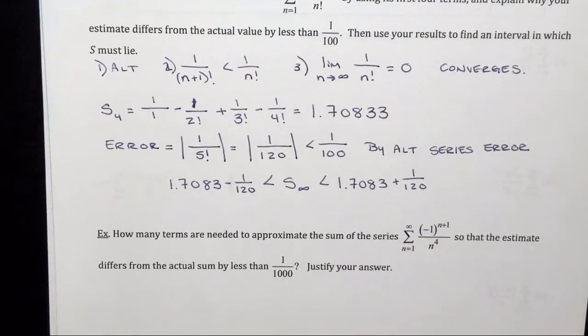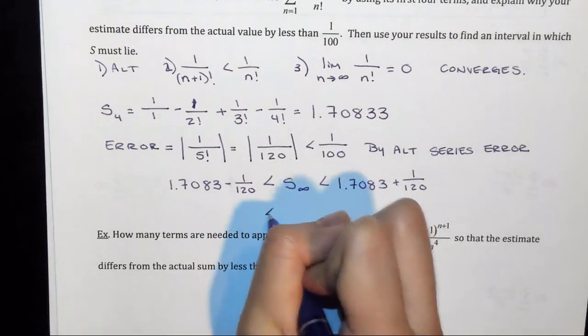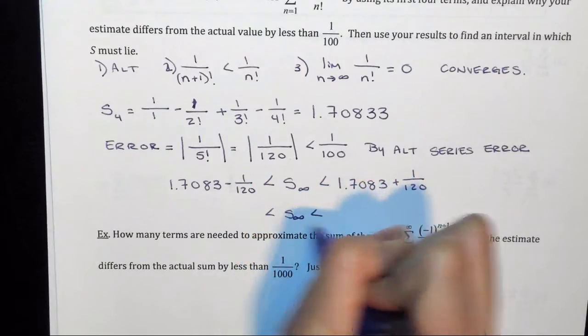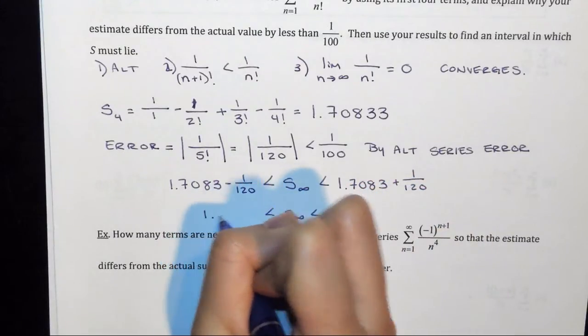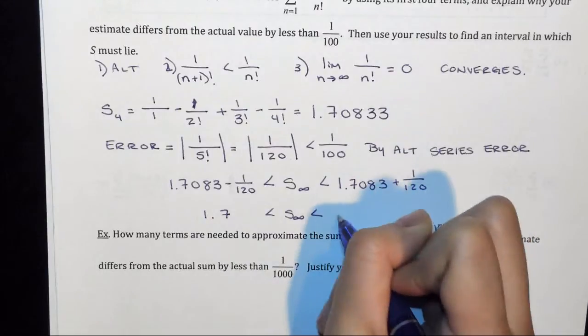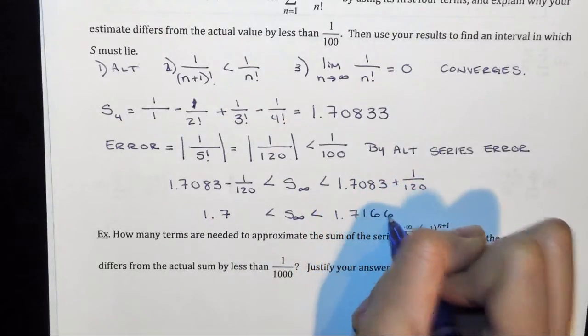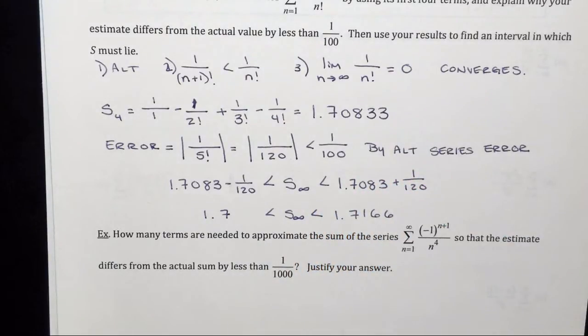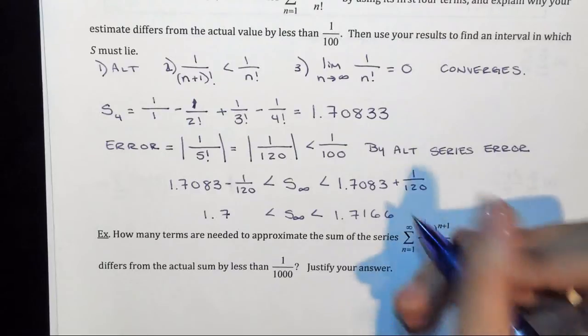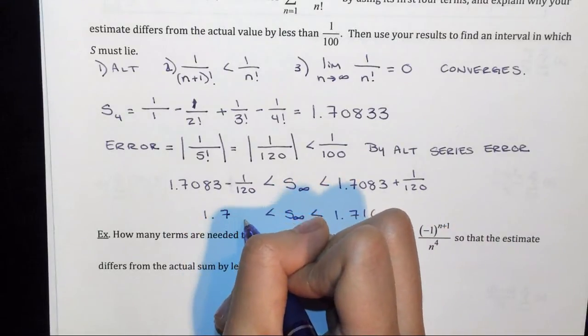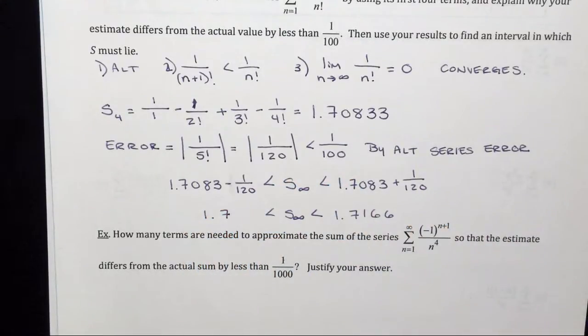So let's take that and let's calculate it. So my actual sum, infinite sum, would be in between 1.7166 and 1.7. Okay?